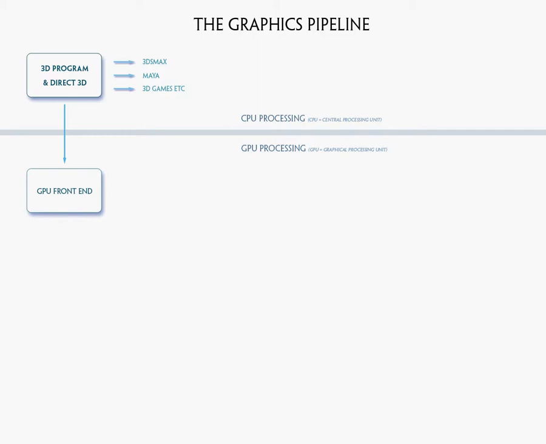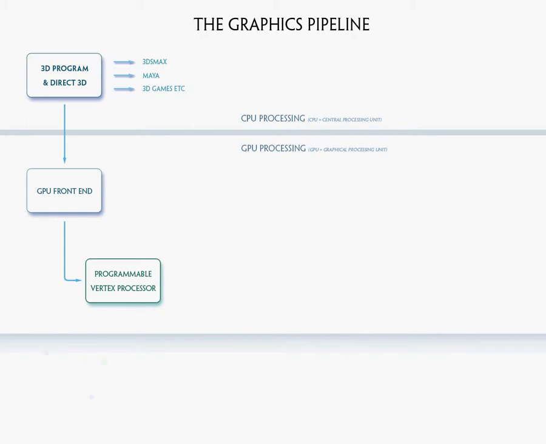At this point, the data that's being passed to the GPU is in the form of vertices, and that vertex data gets passed to the programmable vertex processor. So here we have 3 vertices, a red vert, blue vert, and a green vert, and these vertices at the programmable vertex processor are transformed.